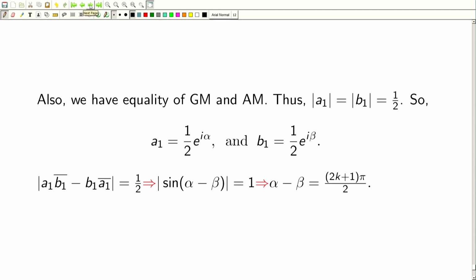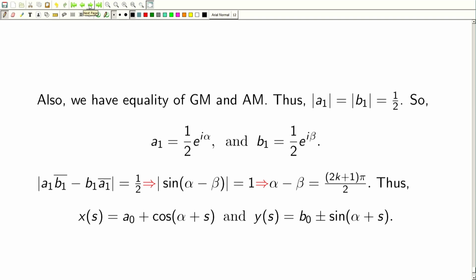If this is 1, then we can say that alpha minus beta is going to take plus or minus some odd multiple of pi by 2. So, this is (2k plus 1) pi by 2. Therefore, x(s), if we put the value of s, remember what is our x?